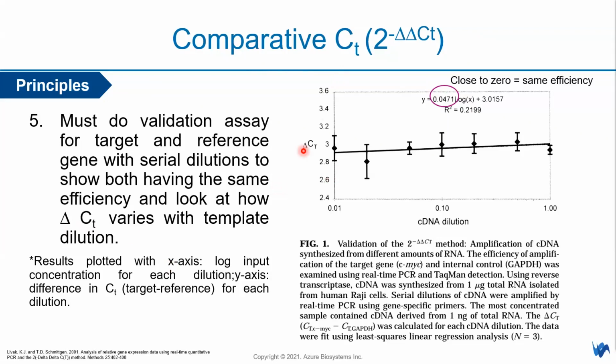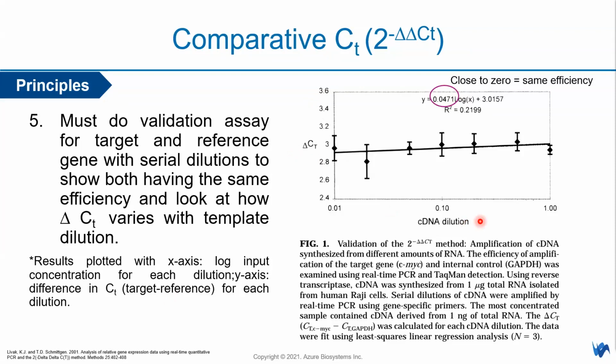The y-axis will be the difference in CT, target minus reference, for each dilution, and the x-axis will be the log input concentration for each dilution of the template, either cDNA, RNA, and so on, depending on your application.